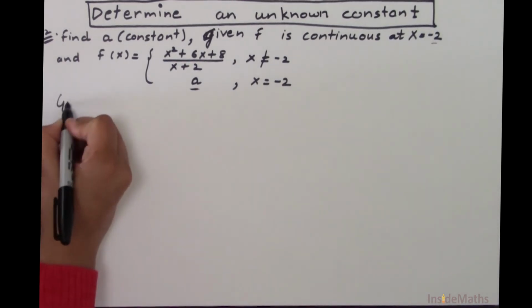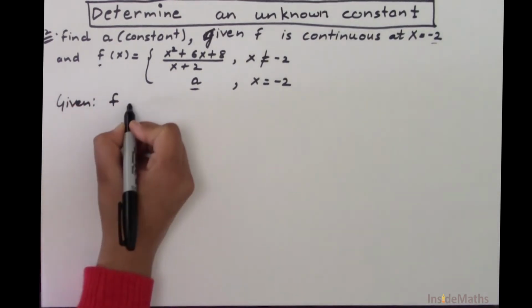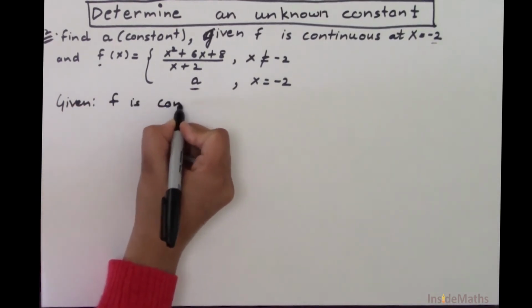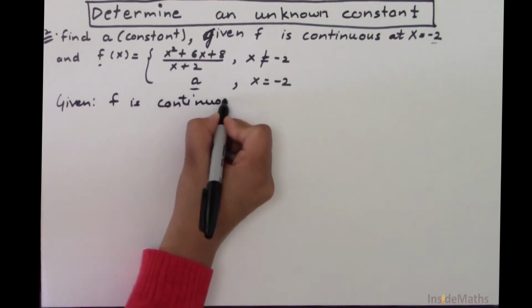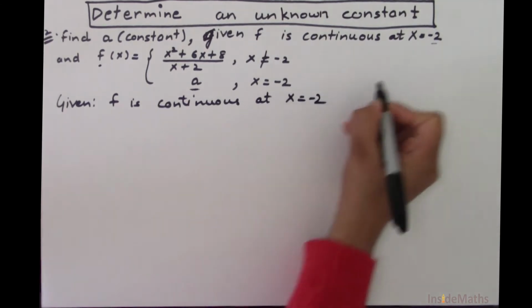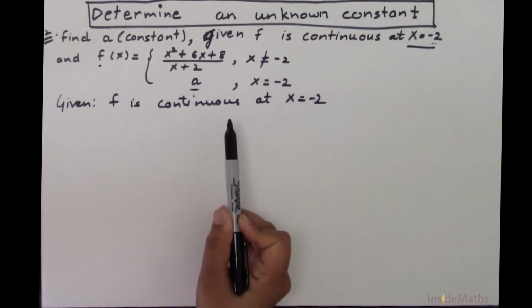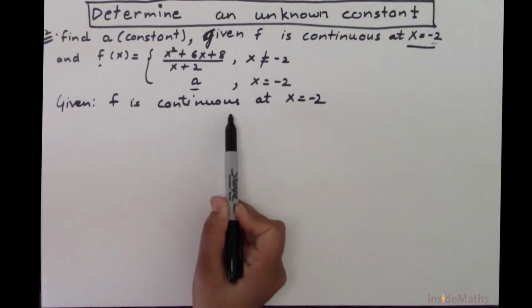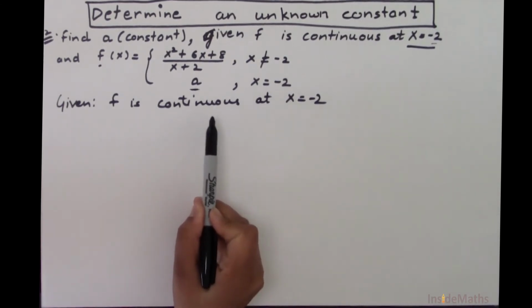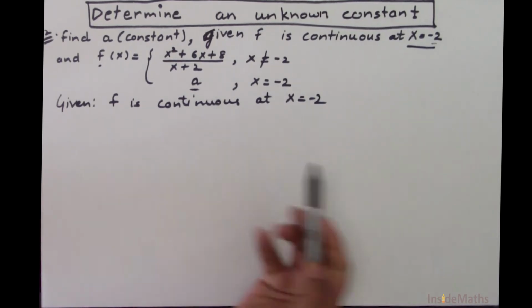So as we are given that the given function f is continuous at the point -2, that means we can use two definitions of continuity because we are given the function is continuous. So both of those two conditions must hold.